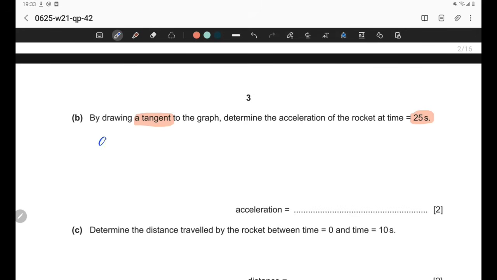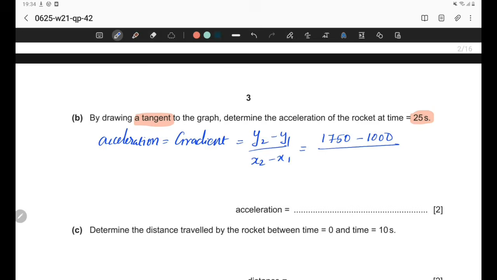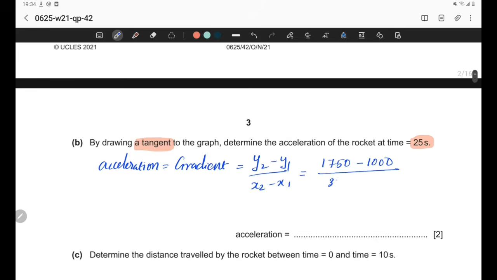In the given space, we should write down acceleration is the gradient of the tangent, and that is y2 minus y1 over x2 minus x1. From the graph, y2 is 1750 minus y1 is 1000, over x2 is 30 minus x1 is 20.5. So the gradient of the graph is 79. We can write 79 meter per second square, as the unit of acceleration is meter per second square.